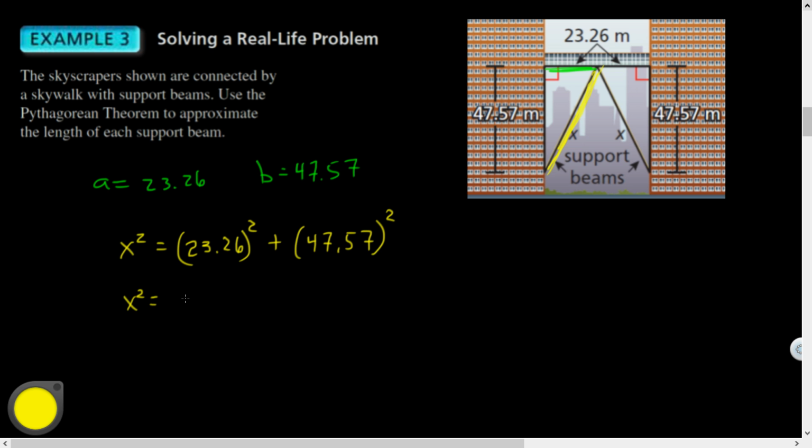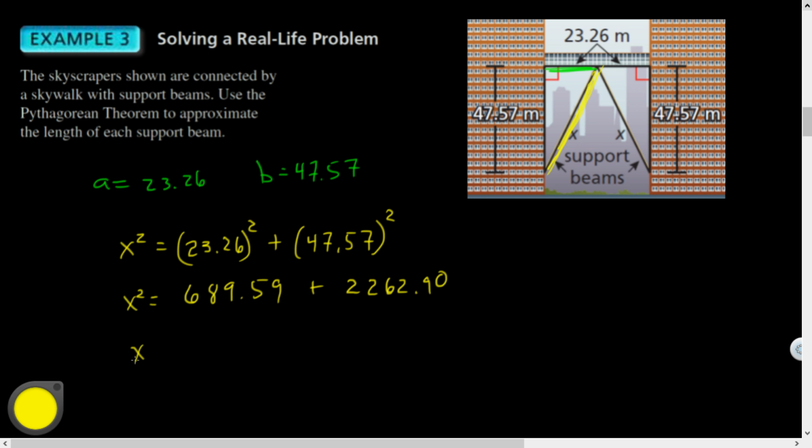I'll tell you what those numbers are. 23.26 squared is 689.59 when I round to two places. 47.57 squared is 2,262.90.